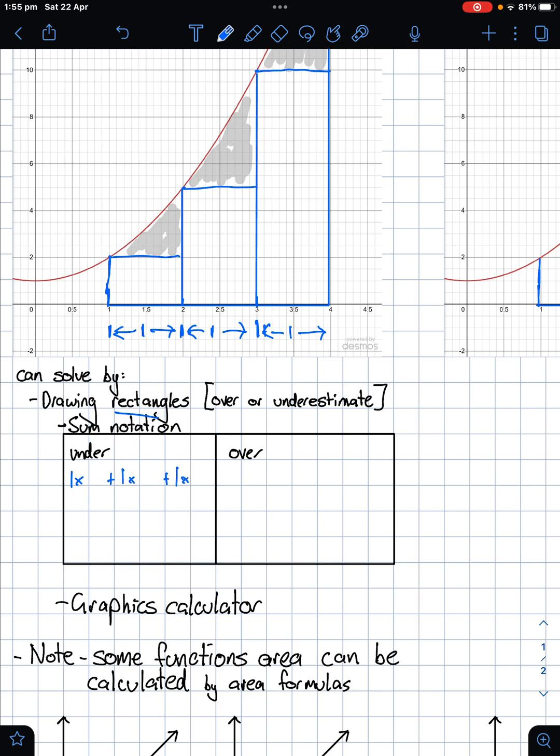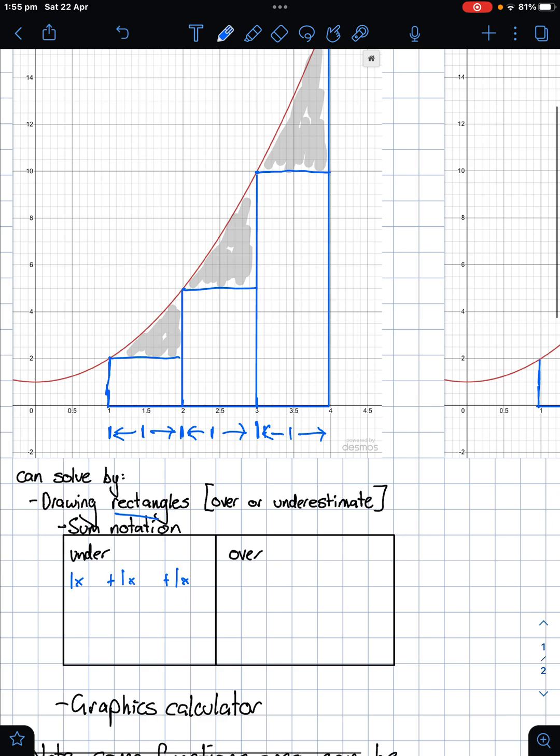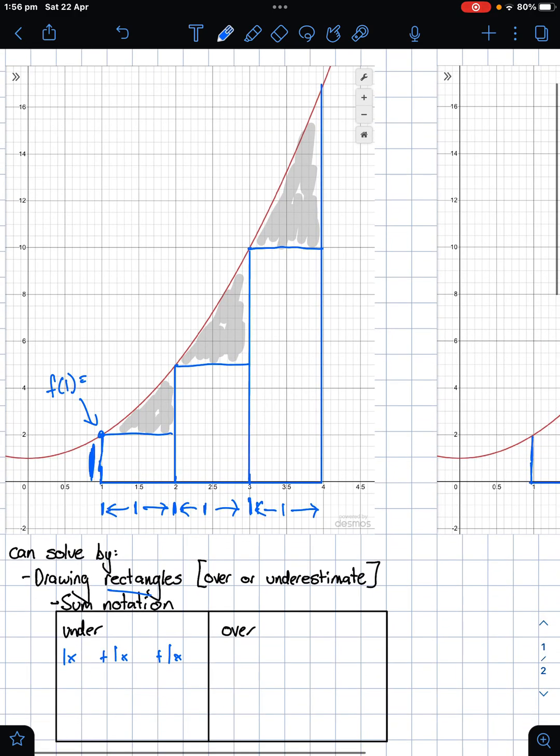Now, this function here, x squared plus 1, if I'm calculating how tall this rectangle is, this value here is going to be f of 1, which means 1 squared plus 1, which equals 2.